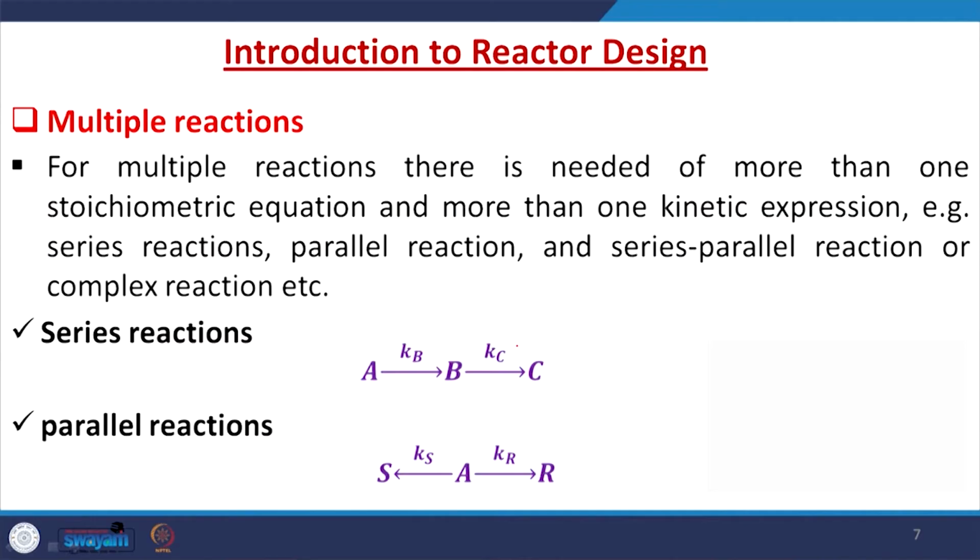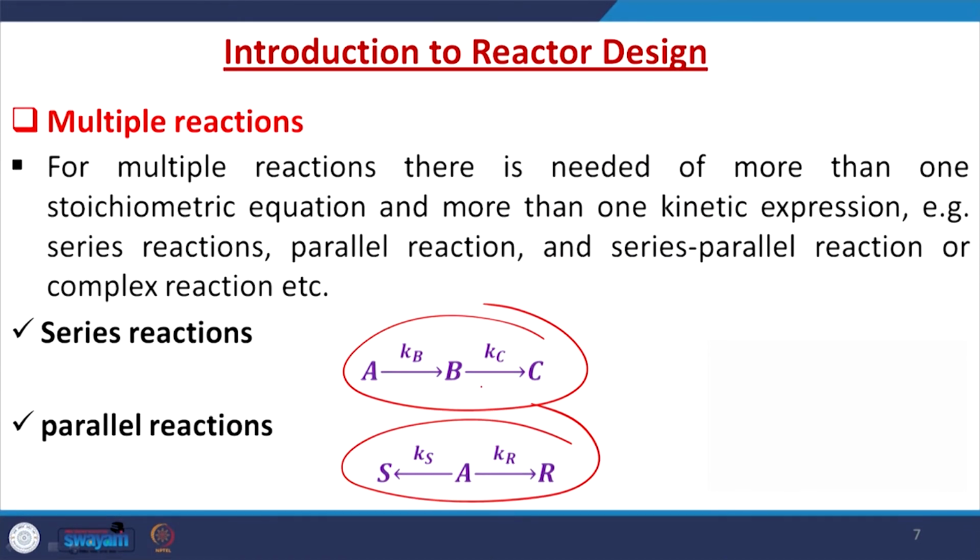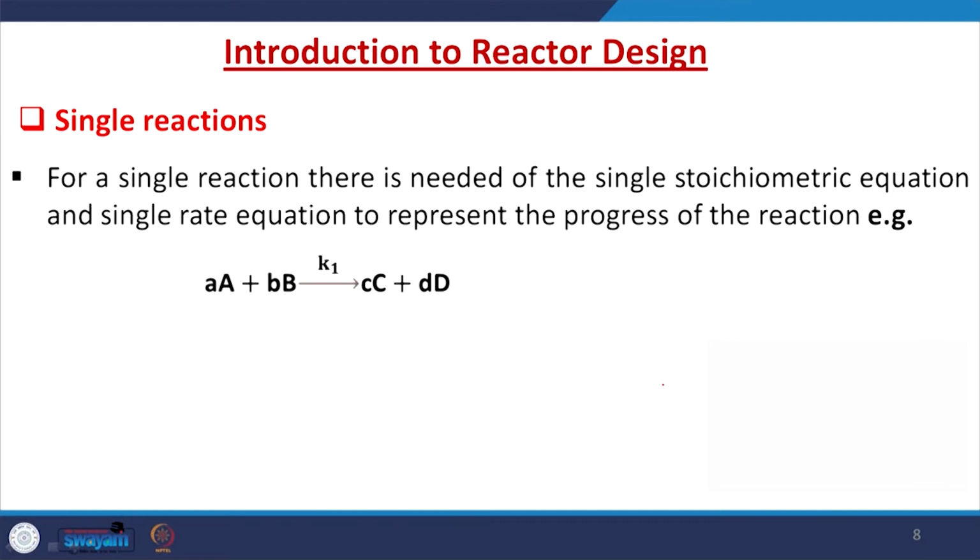Here you can have a look at the series reaction, and here are the parallel reactions. You see the arrows moving in opposite directions in parallel, and here A is converting into B and then subsequently C. So, this one is the series one and this one is the parallel one.